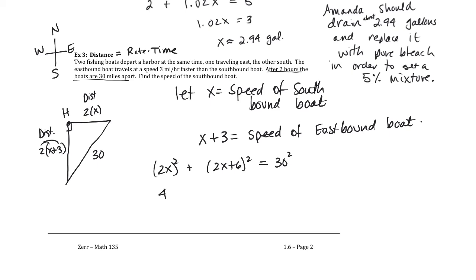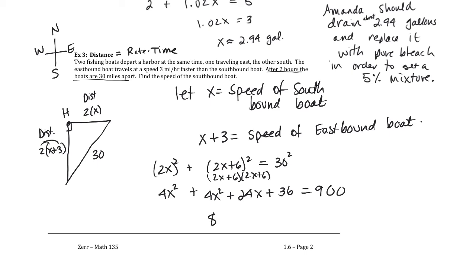So this gives us 4x squared, and then we just need to actually FOIL this out, 2x plus 6. So we'd get 4x squared plus 12x plus another 12x, 24x plus 6 squared is 36, and then that is equal to the square of 30, which is 900.